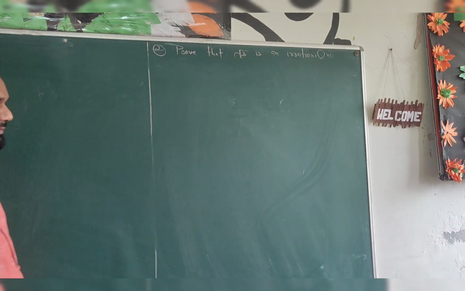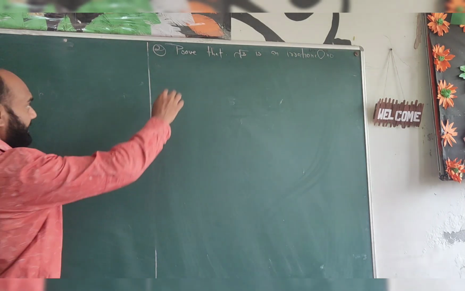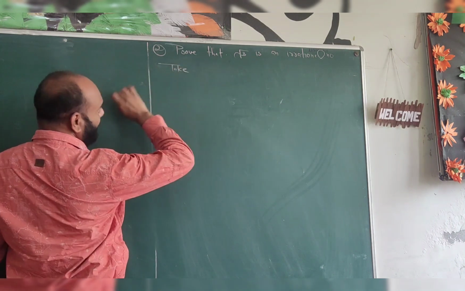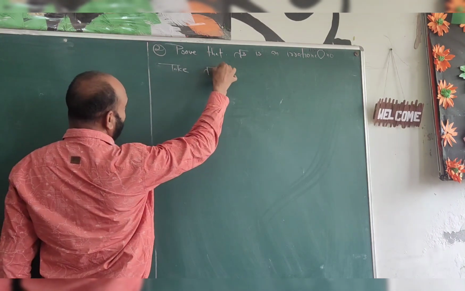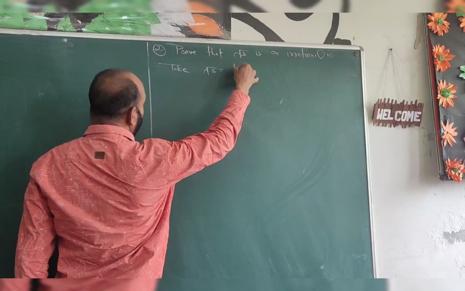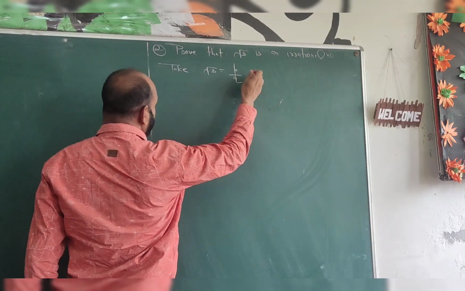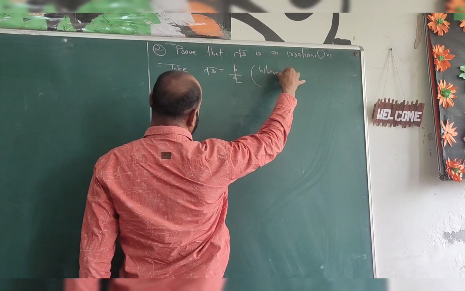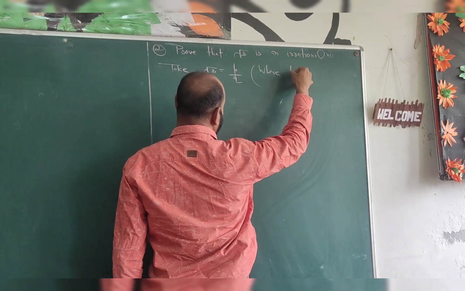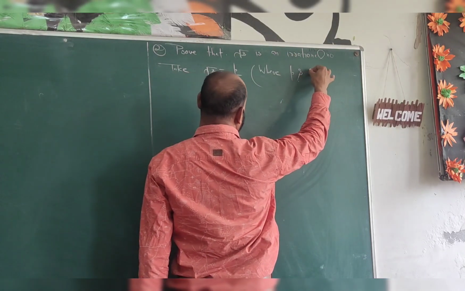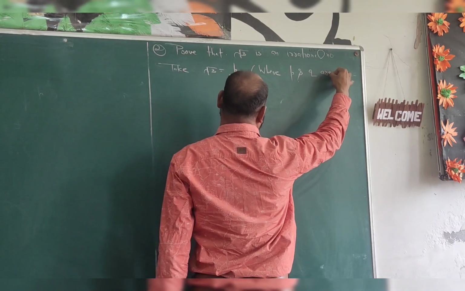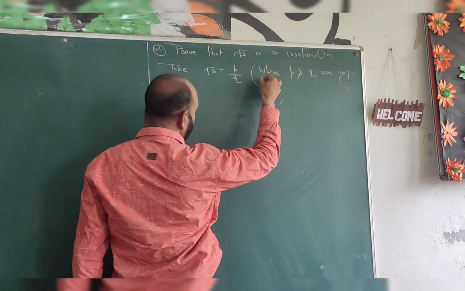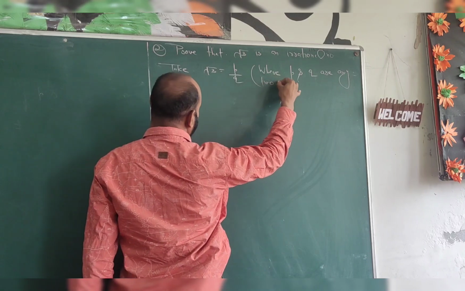We solve this example by the same method. So first of all, suppose root 3 is equal to P upon Q, where P and Q are any two co-prime numbers.